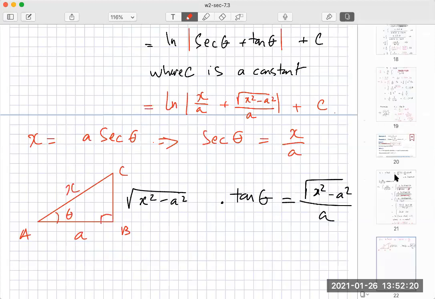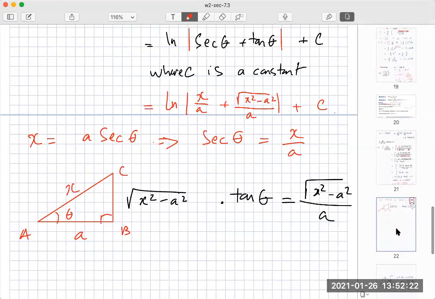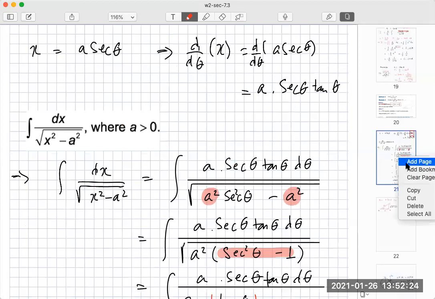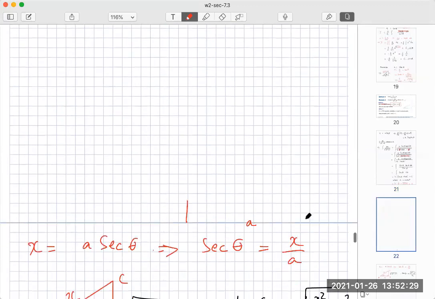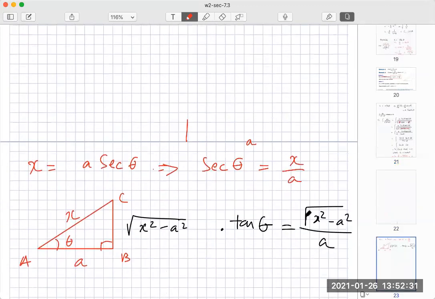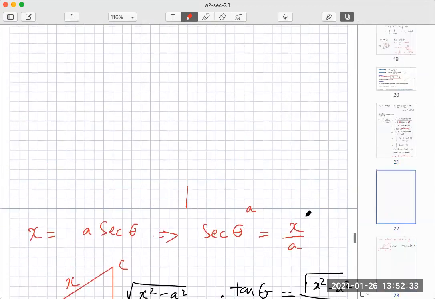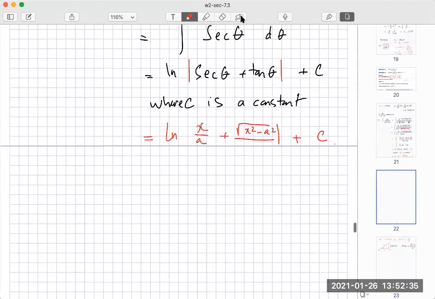In the test, you should write these things clearly. You should write the triangle so that I know that you understand and you did it yourself. Okay.